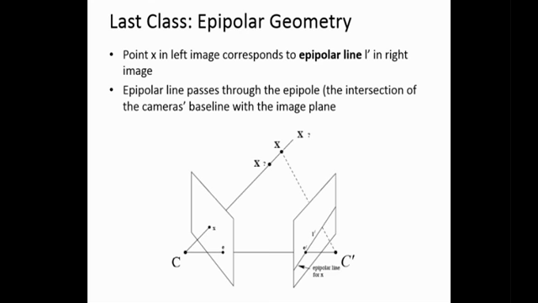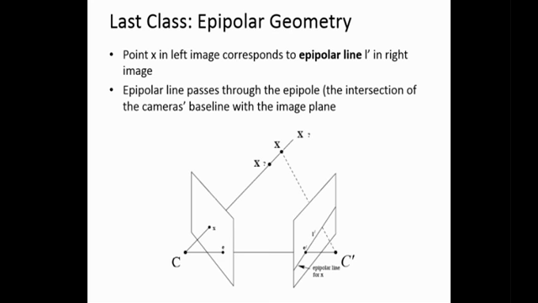So just to remind you of two of the major concepts from the last class that we're going to reuse. One is epipolar geometry. The basic idea of estimating 3D points from images is that you need to solve the pose of those images, and then you can triangulate to solve for the 3D points. Epipolar geometry gives us one of the main constraints between two camera poses at different positions.